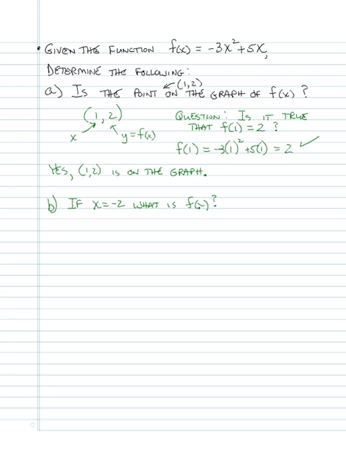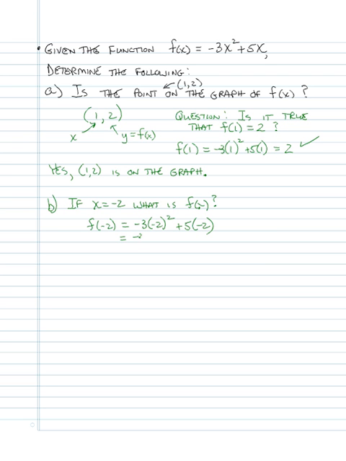All this is really asking us to do is to calculate f of negative 2. So in this case, we would substitute a negative 2 in for our x value. So we'd have negative 3 times our x value squared, and our x value is negative 2, plus 5 times our x value, and our x value is negative 2.